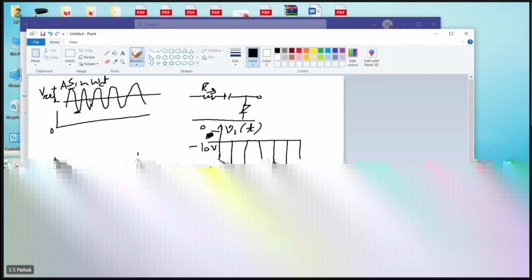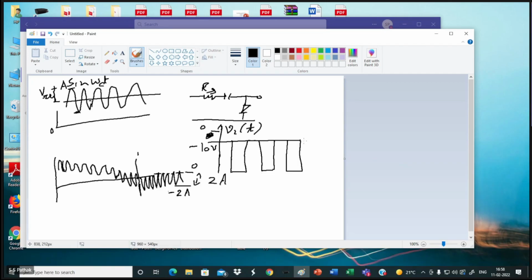After this time, what happens? All of a sudden it reduces its magnitude. It has come to this point, clamped like that. Now its amplitude is reduced as it comes through a potential divider circuit, some attenuator. Then what will happen?